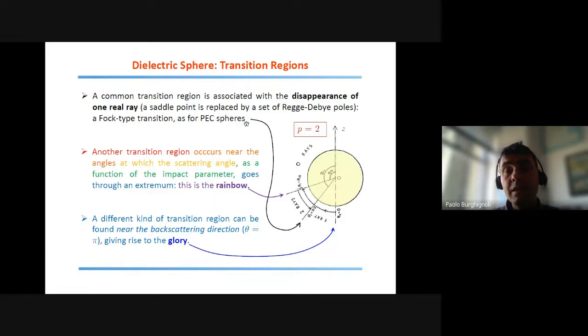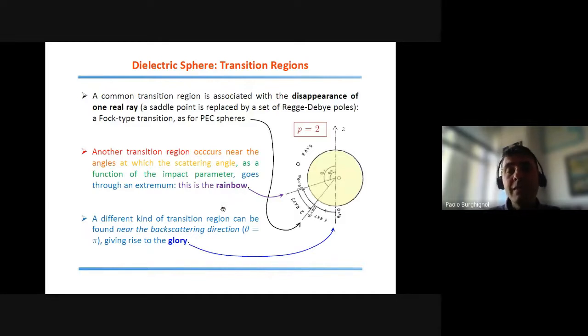But in addition to that, many other interesting phenomena occur for the case of a penetrable sphere, because, for example, another kind of different transition region occurs near the angles for which the scattering angle goes through an extremum, if you consider the scattering angle as a function of the impact parameter. And this is the case of the rainbow, as we will now see more in detail.